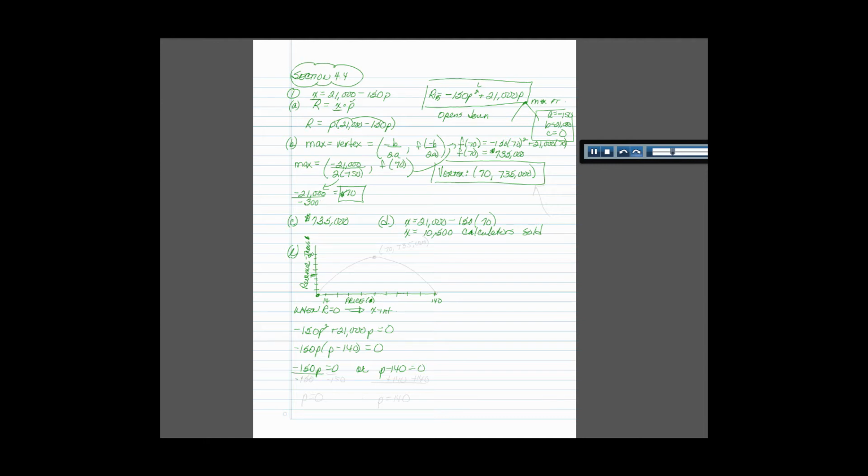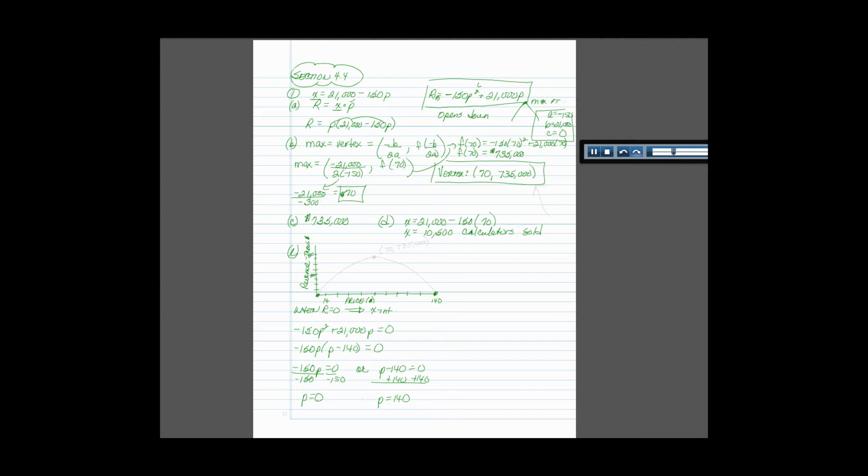So on this one, I just divide by negative 150, and I get p is 0. Obviously, when the price is 0, none will be sold, right? And well, actually they'd be given away, and there'd be no revenue. And we also know, if I finish this one, that p equals 140. So I know that my two intercepts are right here.